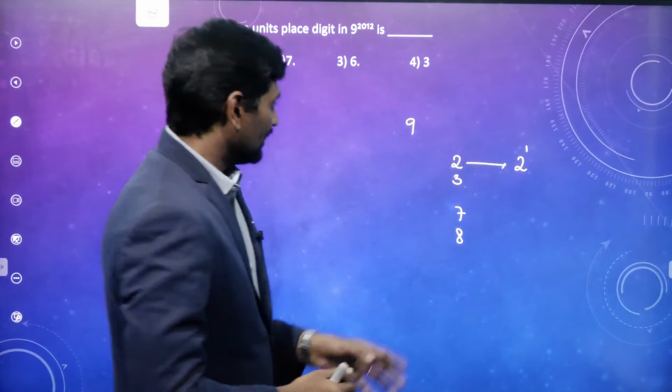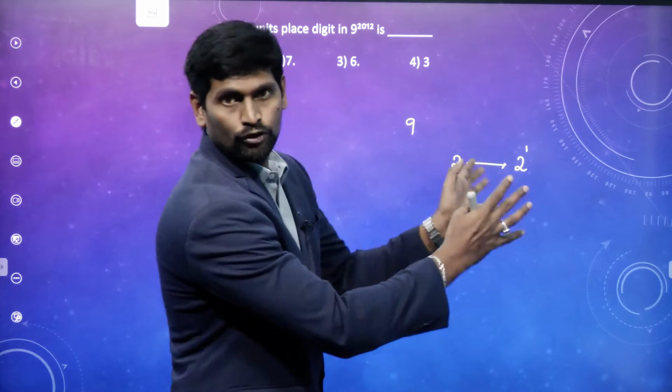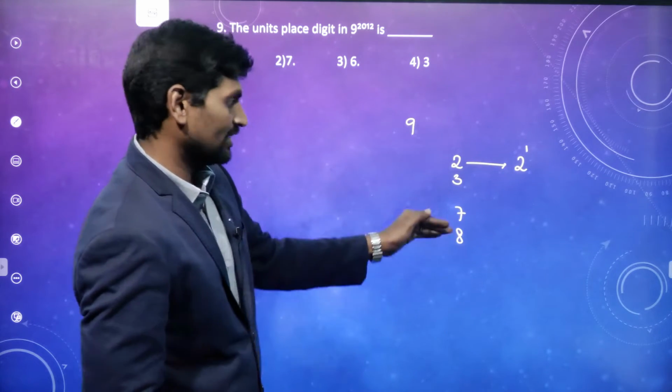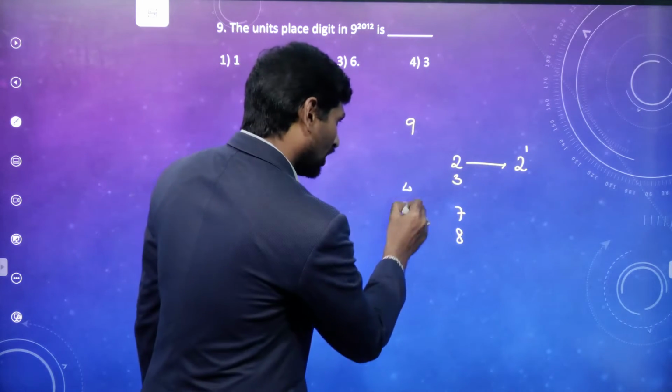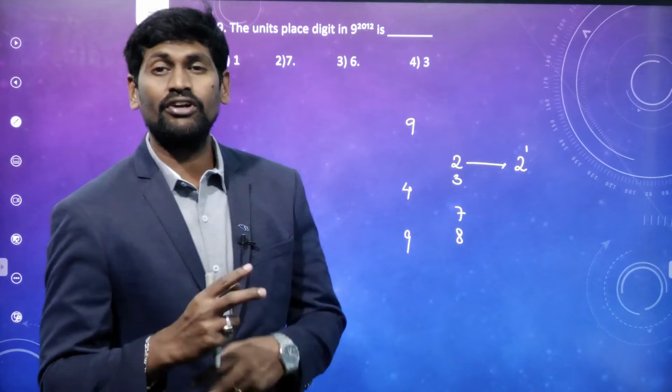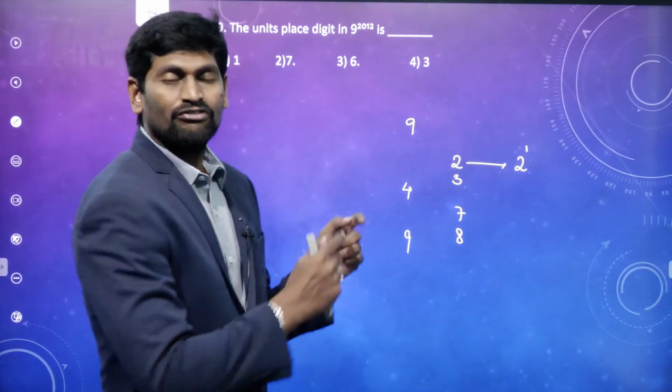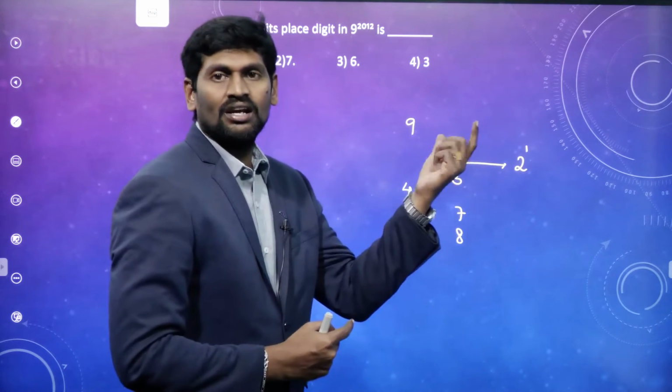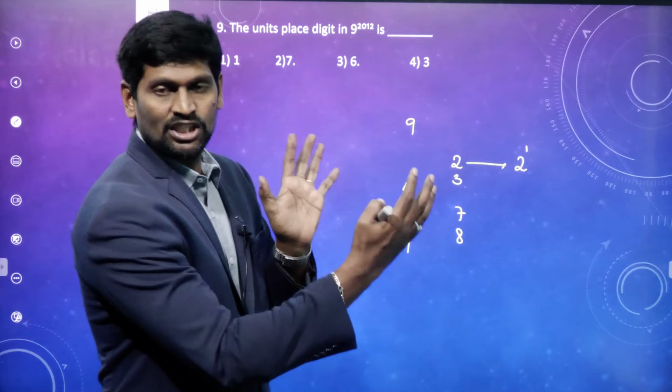The sequence is repeating for every 4 terms for 2, 3, 7, 8. 4 and 9 repeat for every 2 terms. That means for 4 power an even number or 4 power an odd number, the same sequence will be repeated.